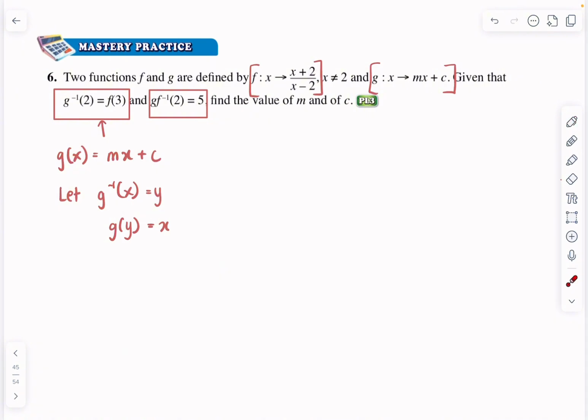So if gx is mx plus c, gy would be my plus c. And then we make y the subject, because if we make y the subject, we will get g inverse x. So let's make y the subject: x minus c over m. Therefore, this is g inverse x.